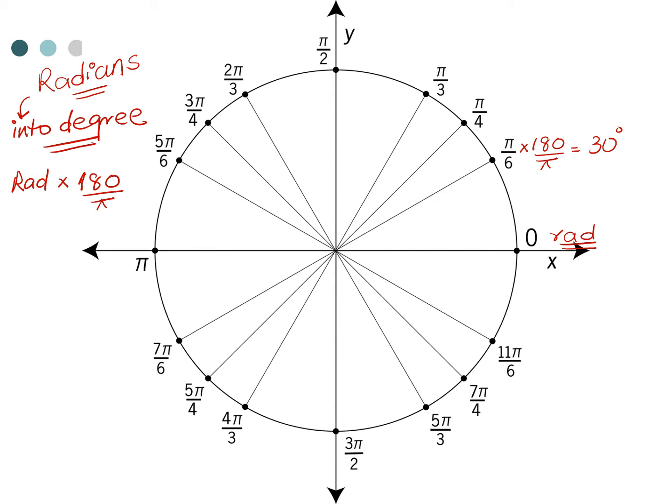Similarly, if pi over 4 is given to you, you multiply it by 180 over pi, you will get 45 degrees. Same way, if you multiply pi over 3 by 180 over pi, you will get 60 degrees. And pi over 2 times 180 over pi, you will get 90 degrees.